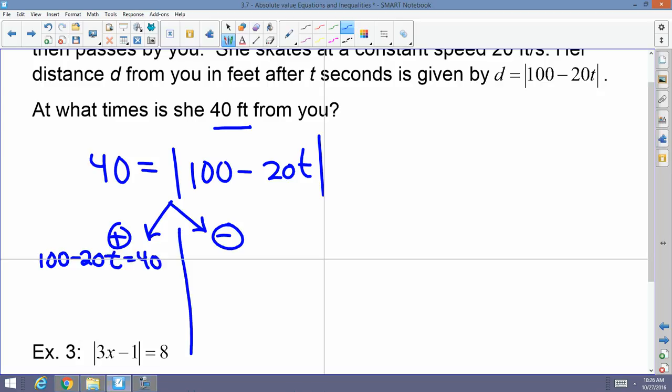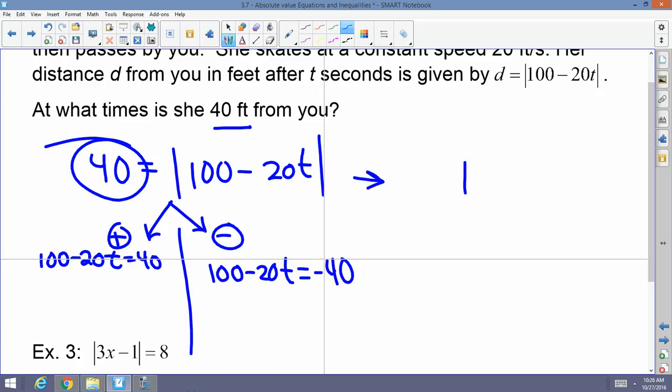My negative side, I multiply the non-absolute value side by a negative. So I've got 100 minus 20t equals negative 40. Now, I am not opposed to the following: 100 minus 20t equals my positive side of 40 and my negative side of negative 40. And then you can solve from there. I don't care. I'm not being sarcastic. You need to make a choice. What do you like? Yes, sir.